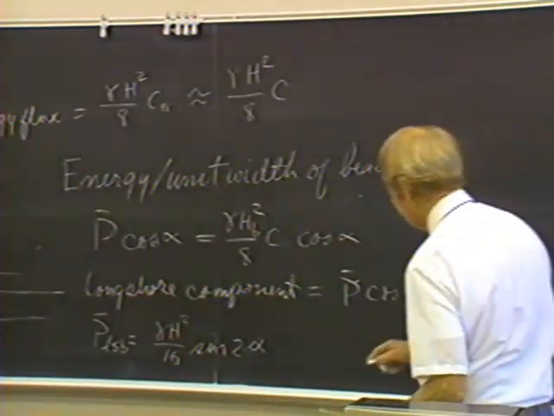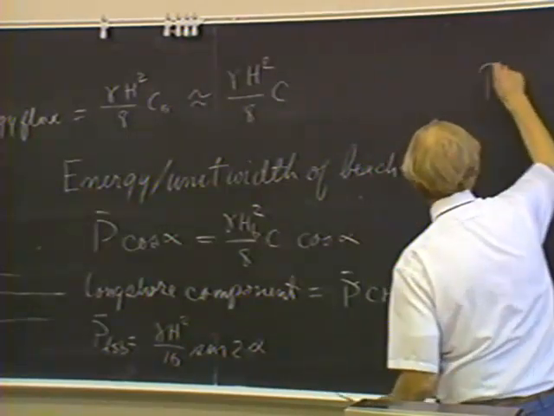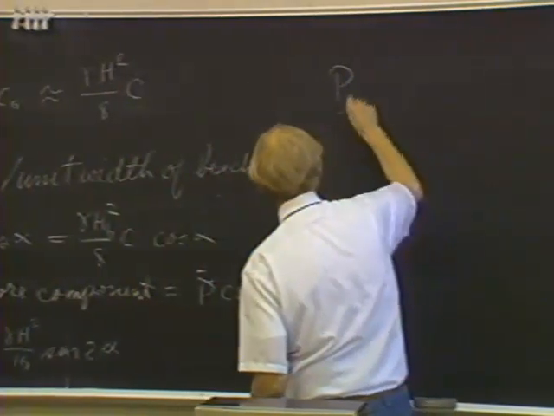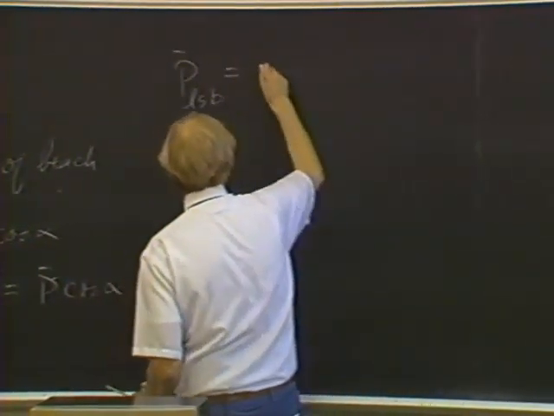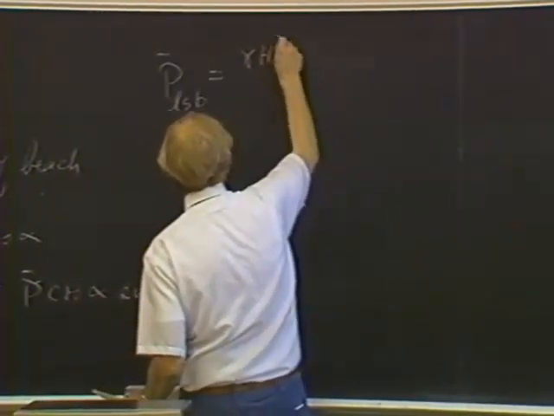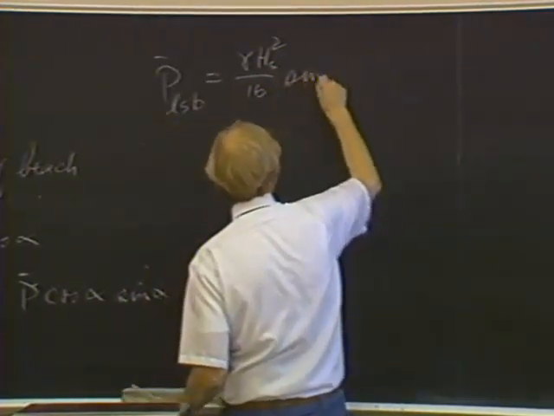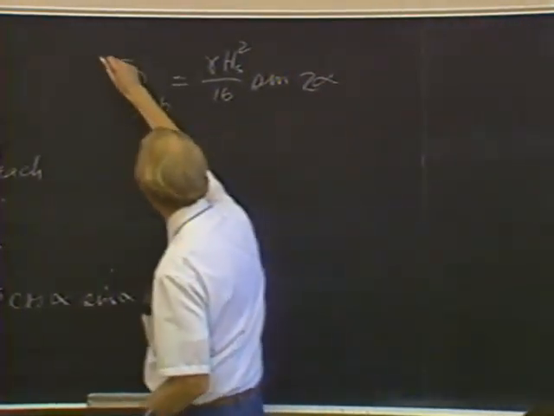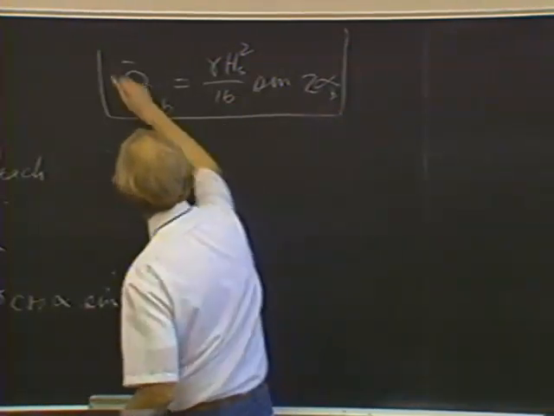And if we use the significant wave height, then we can write, just as we have down there, the P longshore at the beach is equal to gamma significant H squared over 16 sine 2 alpha. This is alpha at the beach.